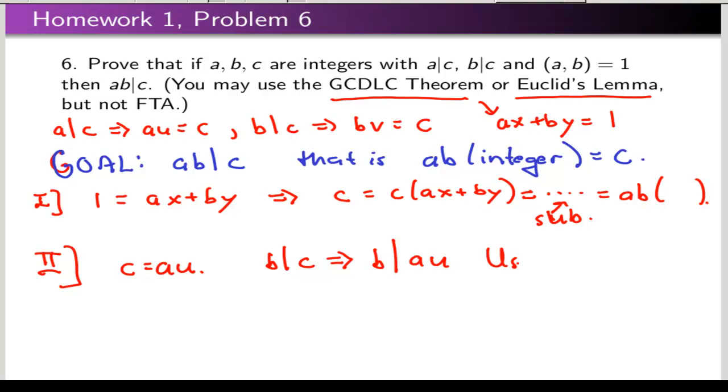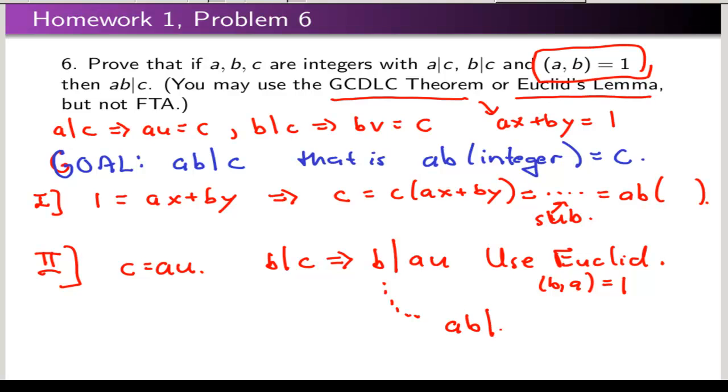Now use Euclid. Because what's the hypothesis you need for Euclid? B and A are relatively prime. And we've got that hypothesis stated right here. A and B are relatively prime. So Euclid tells us what, and then make a substitution, and again get down to AB is a divisor of C. So you avoid the GCD-LC theorem altogether.